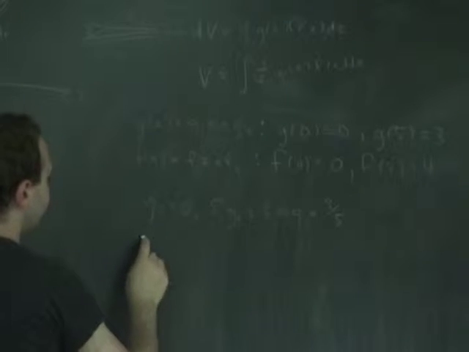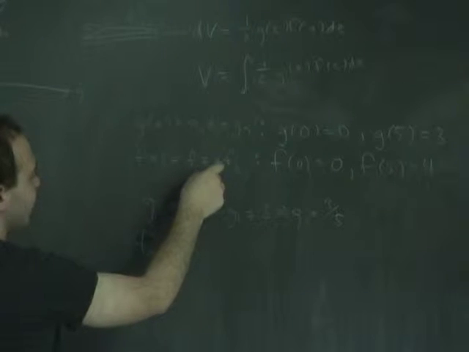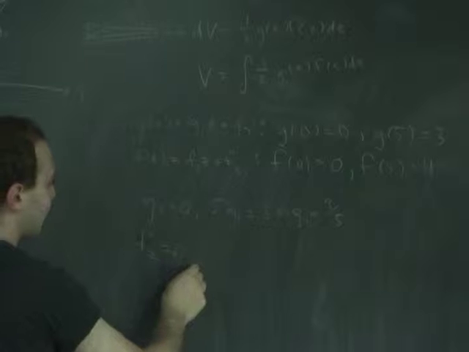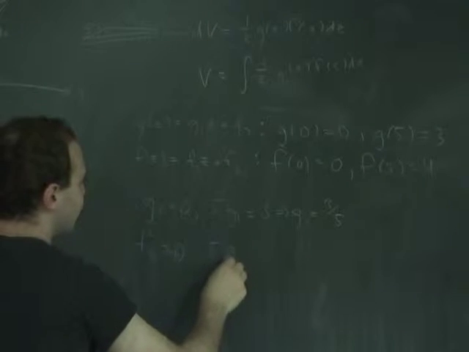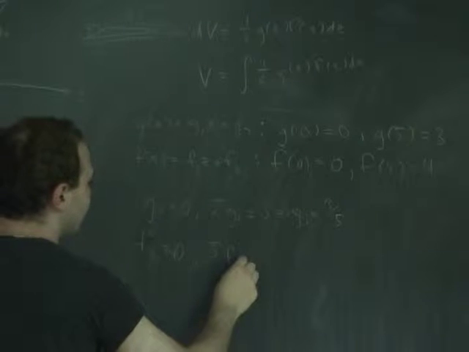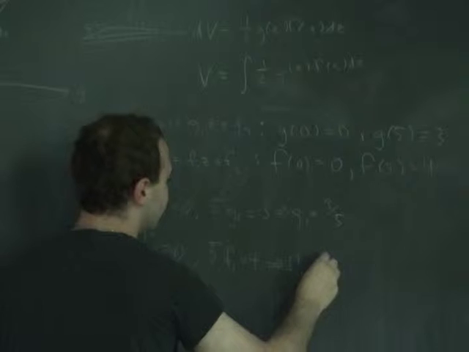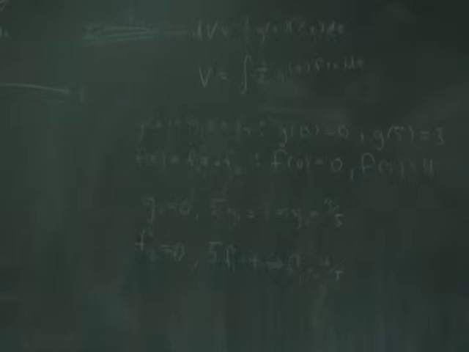Similarly, for f2, I get 0, because if I plug in 0 here and 0 here, I get f2 equals 0. And similarly, once again, 5 times f1 is equal to 4, so f1 is equal to 4/5. Okay? Is that clear?